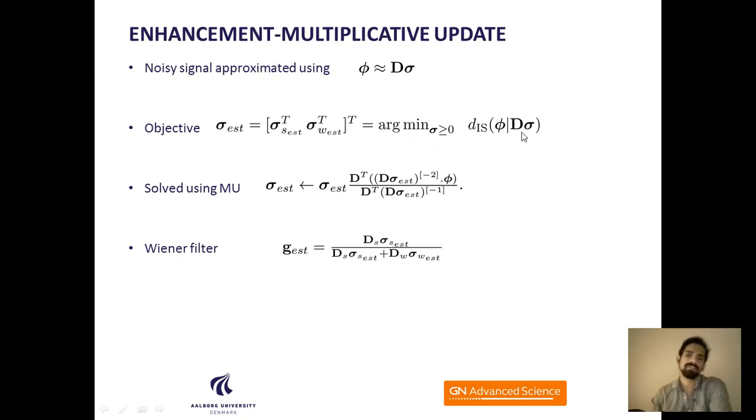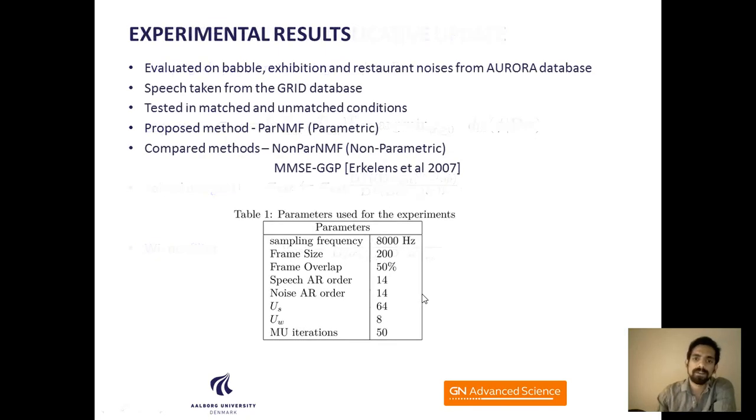And since there does not exist a closed form solution for solving this, this is solved by iteratively using the multiplicative update algorithm. And once you have estimated the activation coefficients, we can construct a Wiener filter according to this equation to extract the clean speech from the noisy signal.